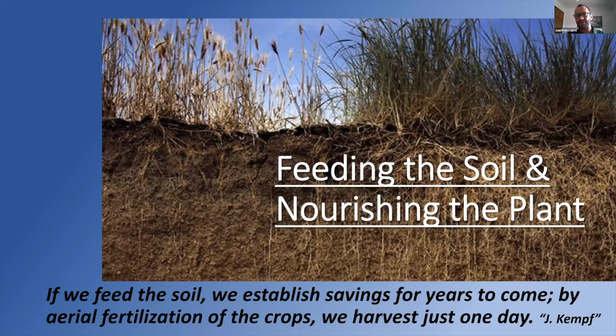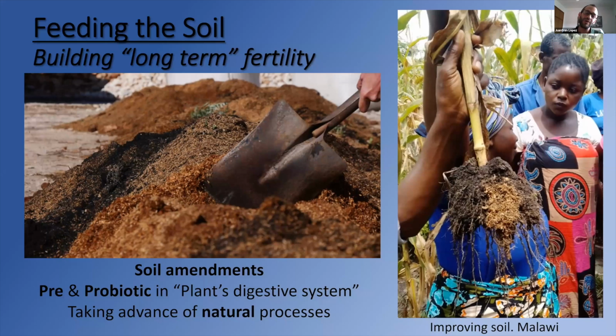What we have to do is to build a long-term fertility. And how we do this is through amendments or through microbiology in the soils, using it as a pre or probiotic, because we need to understand that the soil is the plant's digestive system.